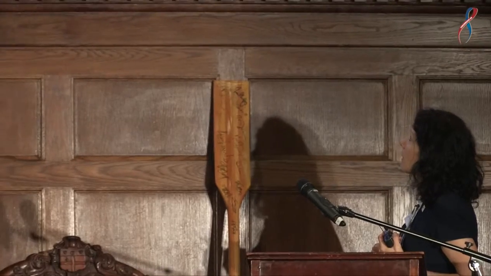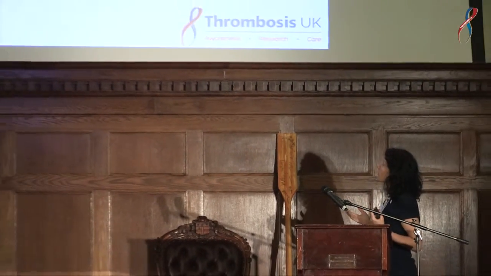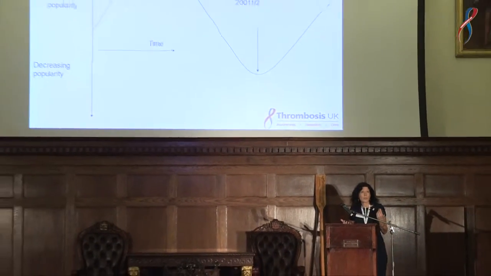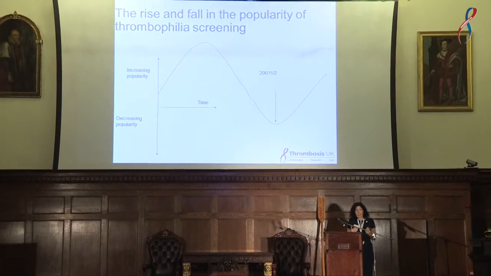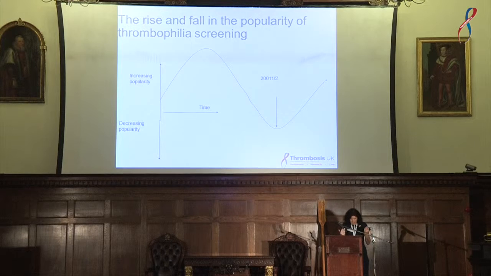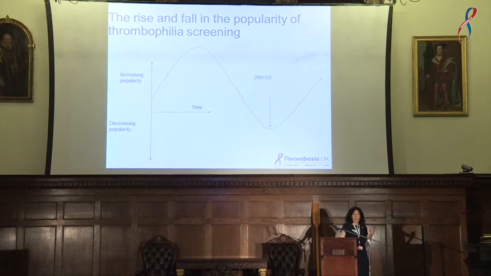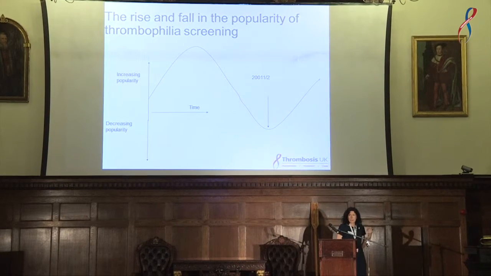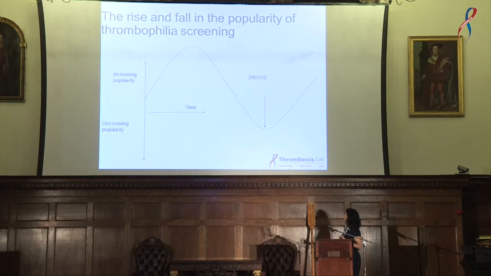Now, thrombophilia screening has really not been a very popular thing to do among hematologists for the last few years. The first thrombophilia screens were invented in the late 80s and the early 90s when we discovered all of these inherited problems that would predispose to having blood clots in the veins.